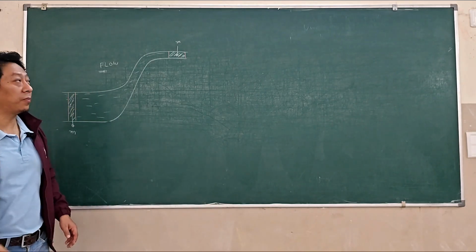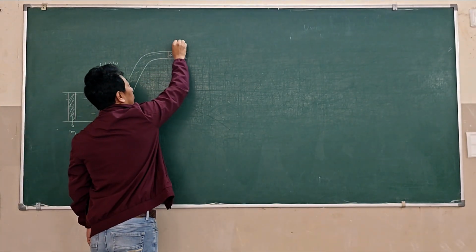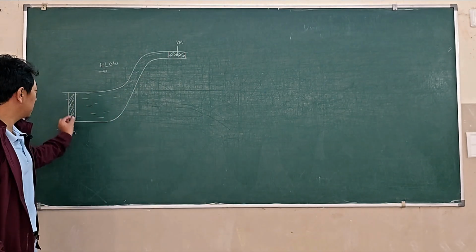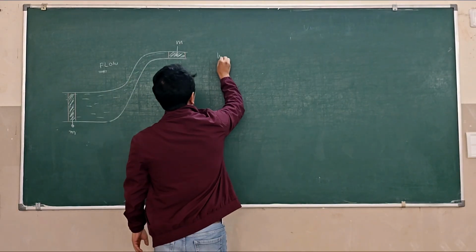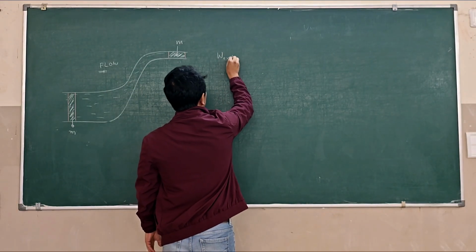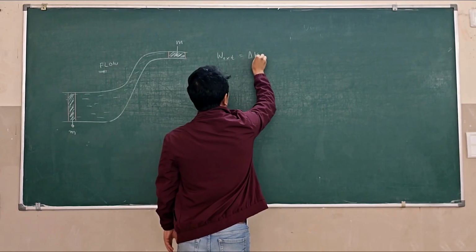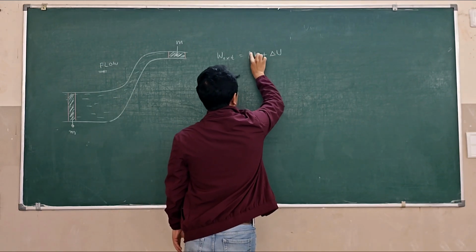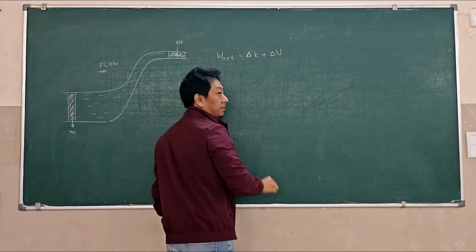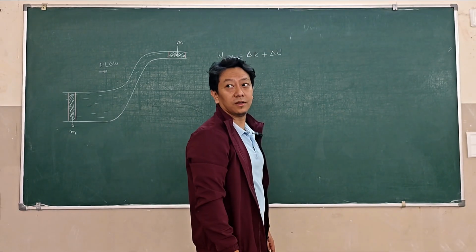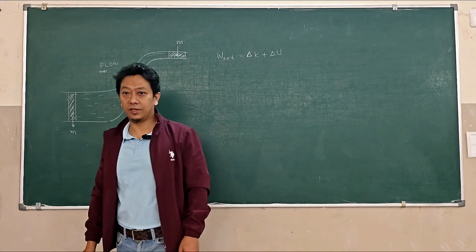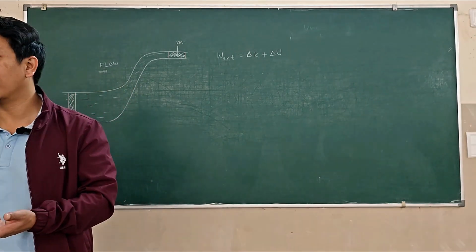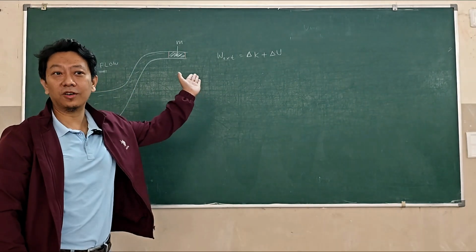So we are going to apply work energy theorem to this element when it goes from here to here. We know from work energy theorem, work done by external force is delta K plus delta U. I hope all of you remember this. Sir, it is actually work done by all the forces is equal to delta K. From there only this comes, no?